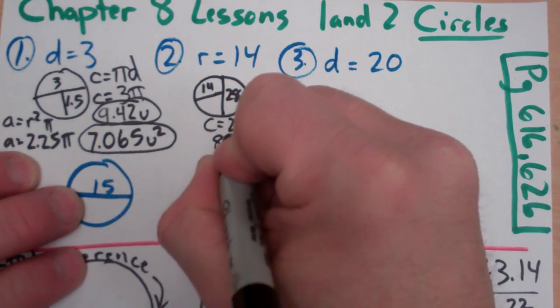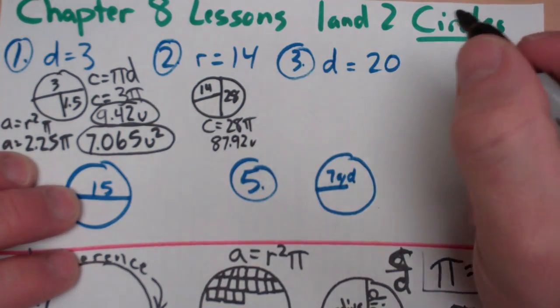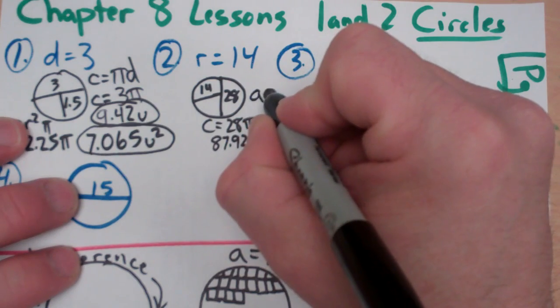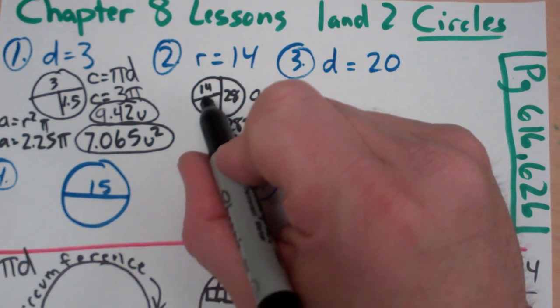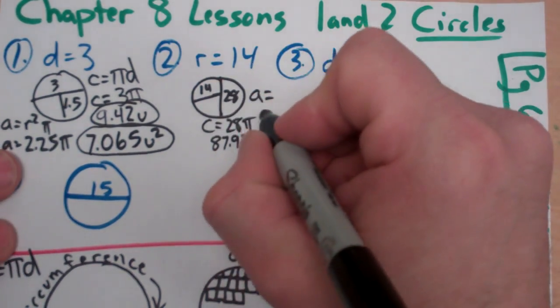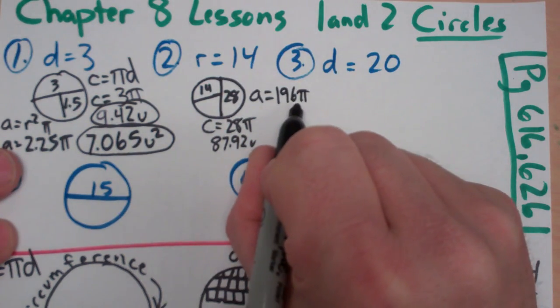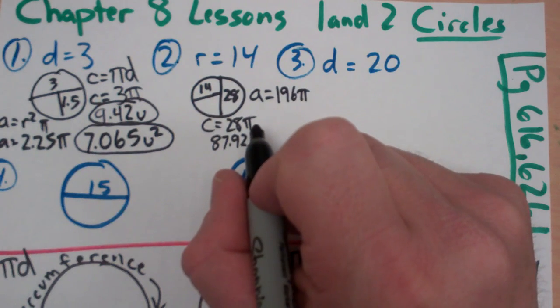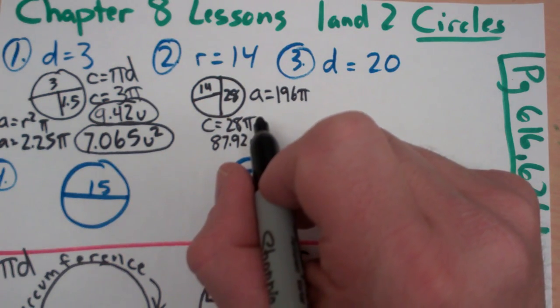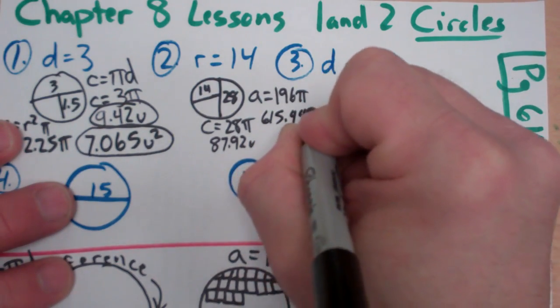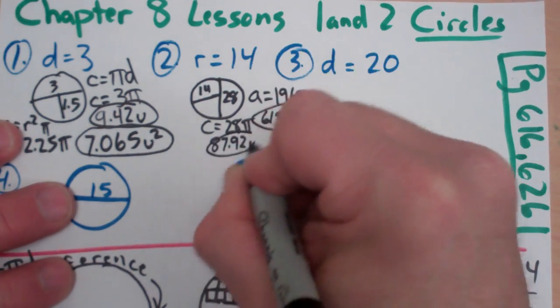To find the area, remember, area equals radius squared times pi, so I'd take 14 and square it. Remember, that's times itself. I get 196. So 196 pi, that's how it is in pi notation. If I take 196 times 3.14, I will get 615.44 in its area, so units squared.